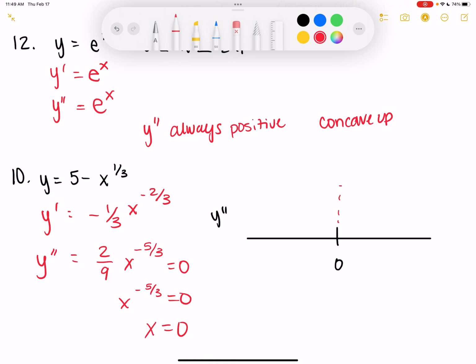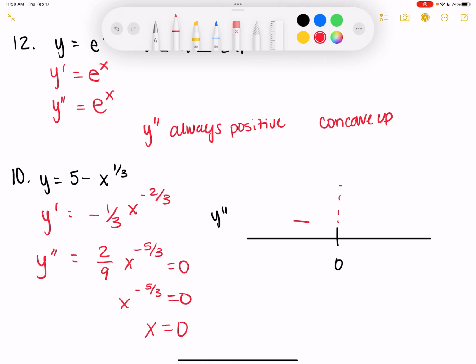So if I plug in negative 1, what happens to my answer? It's negative.